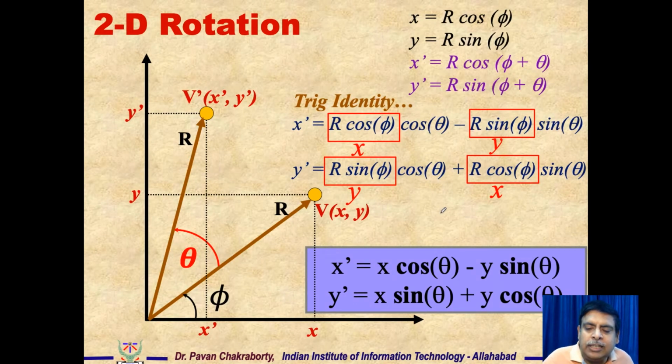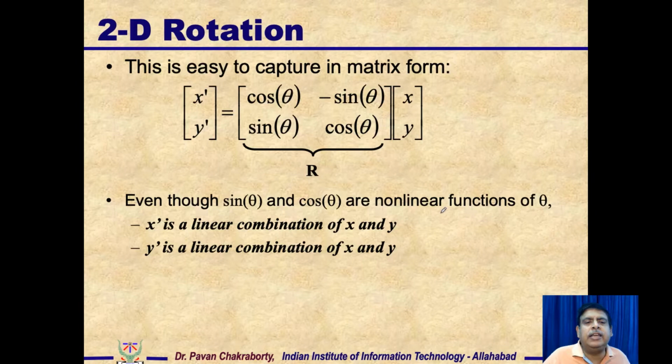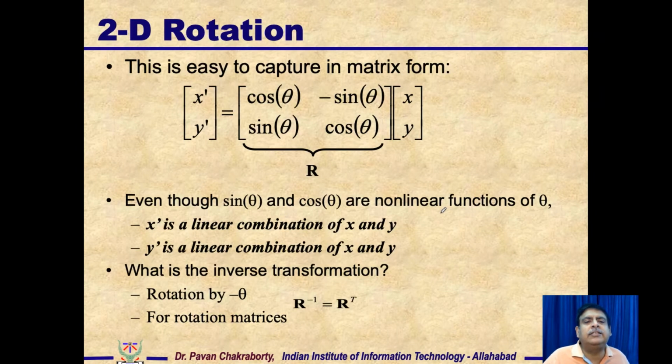So these equations can be written again in a matrix format, which in two dimensions is given as [x prime, y prime] equal to the matrix [cos theta, minus sine theta; sine theta, cos theta] multiplied by the vector [x, y].